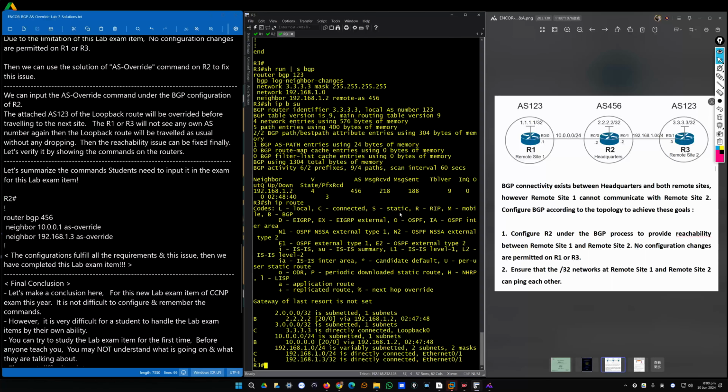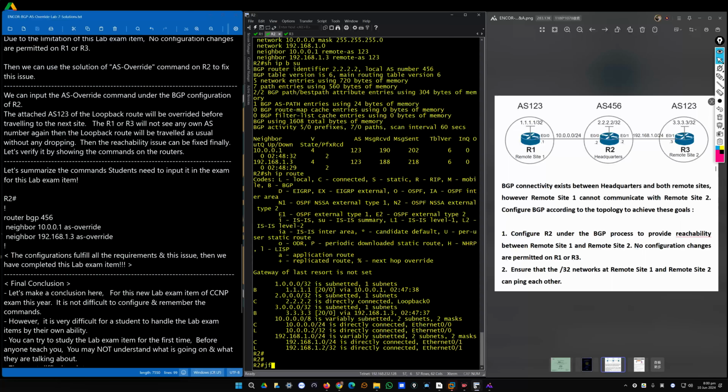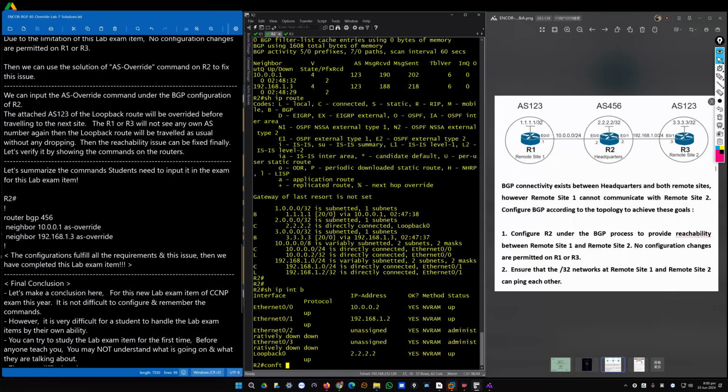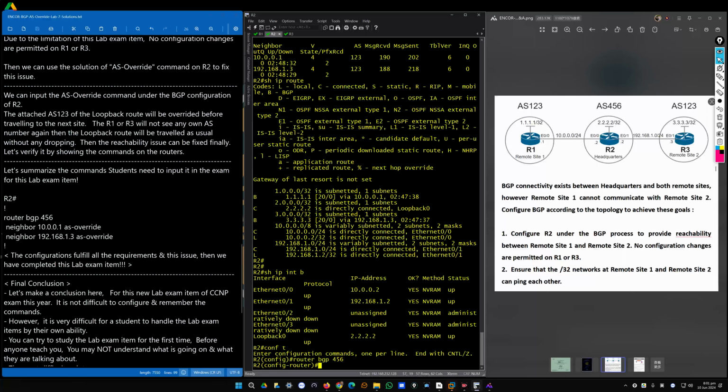Let's verify it by showing the commands on the routers. This is R2. We can configure under router BGP 456. We need to know the peer IP address to R1 and R3.